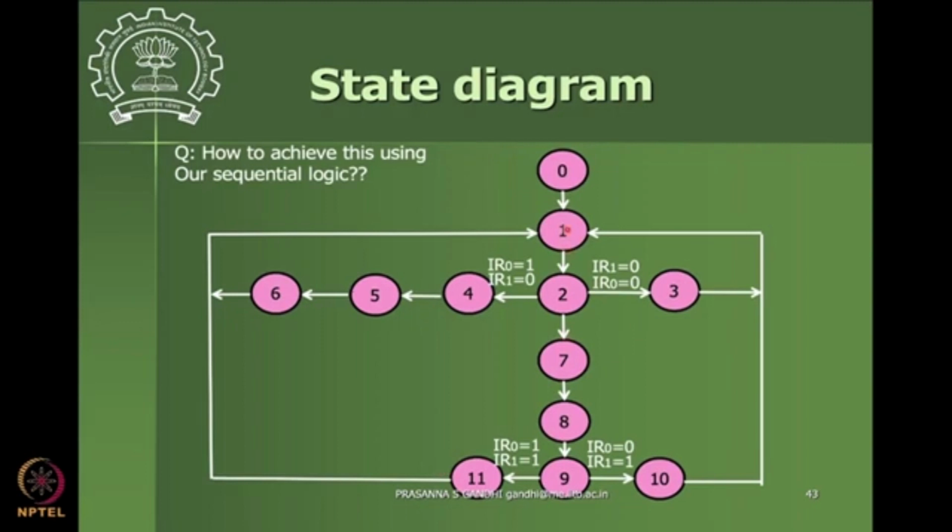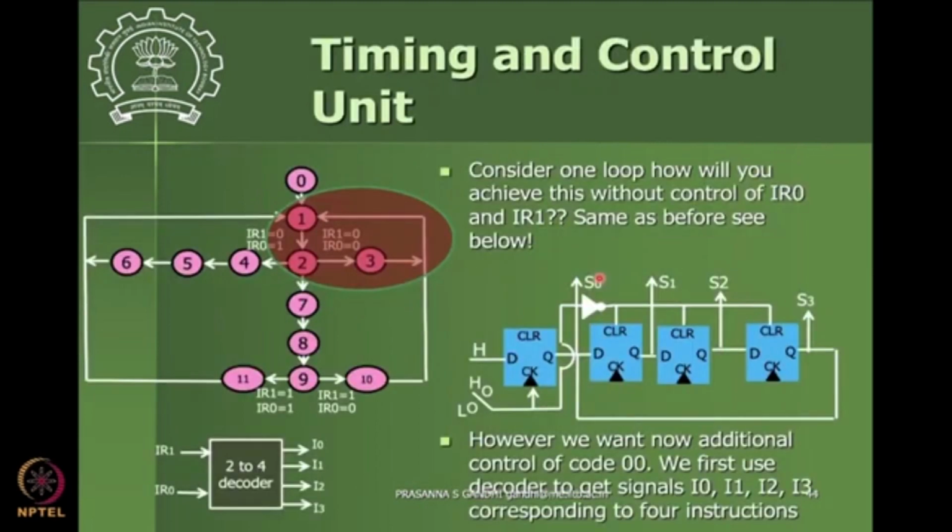Each of these states will have one D flip-flop selected, and we can start connecting things together, and we add on with the D flip-flops some more logic elements to get this executed. So I will not get into details of that again. We will just directly see the final result here. Okay, so you can pause and go through some of these things in more detail if you want to later.